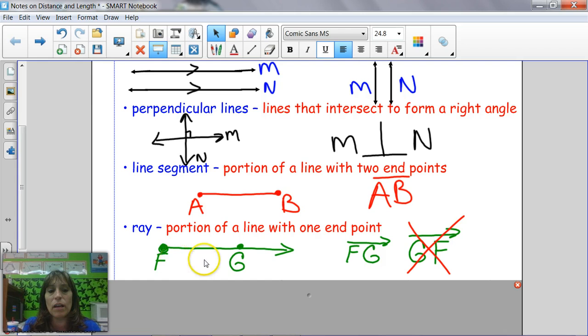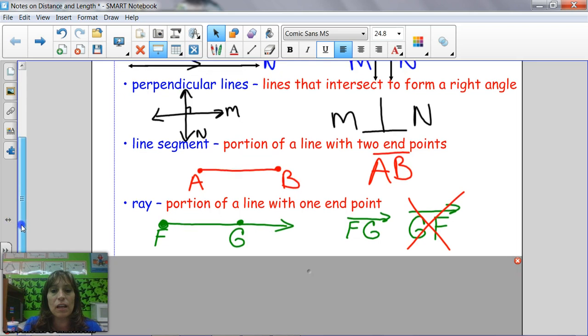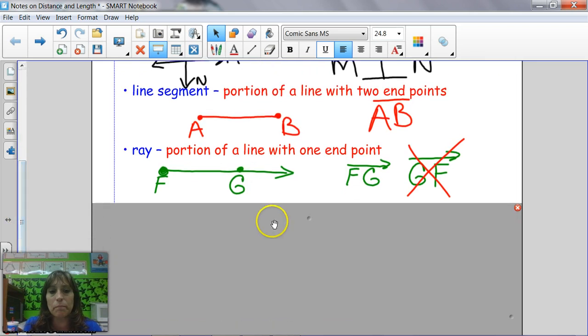So here's my ray FG, and its symbol is going to be FG with a ray over the top of it. Now, if you notice on the right, you could not write it as ray GF because the beginning point is very important. So it would have to stay as ray FG.